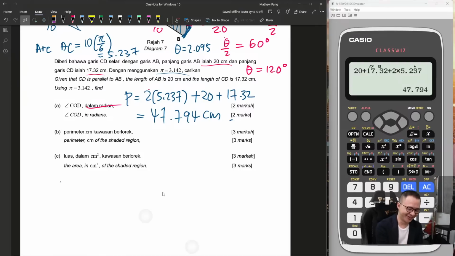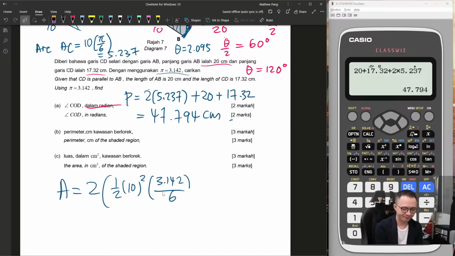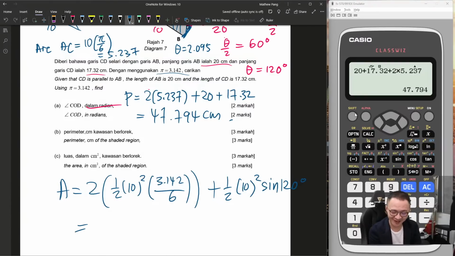Lastly, two sectors, half r squared theta, pi over 6, right? Plus the triangle, half ab sine C, 120 degrees. They love 120, so I just give them 120.